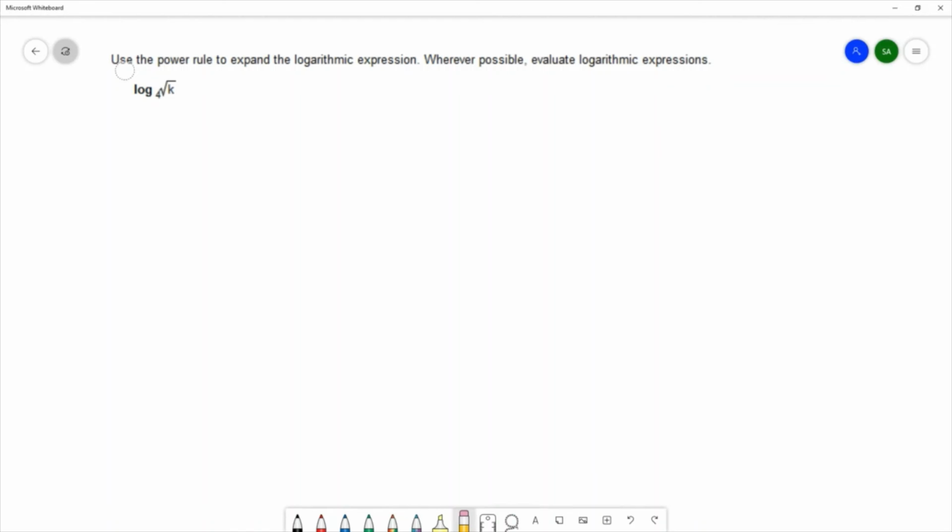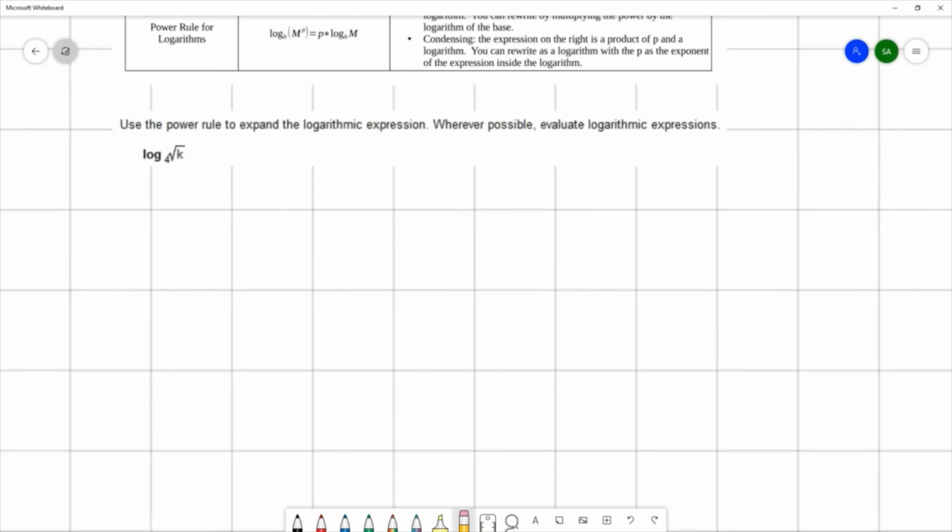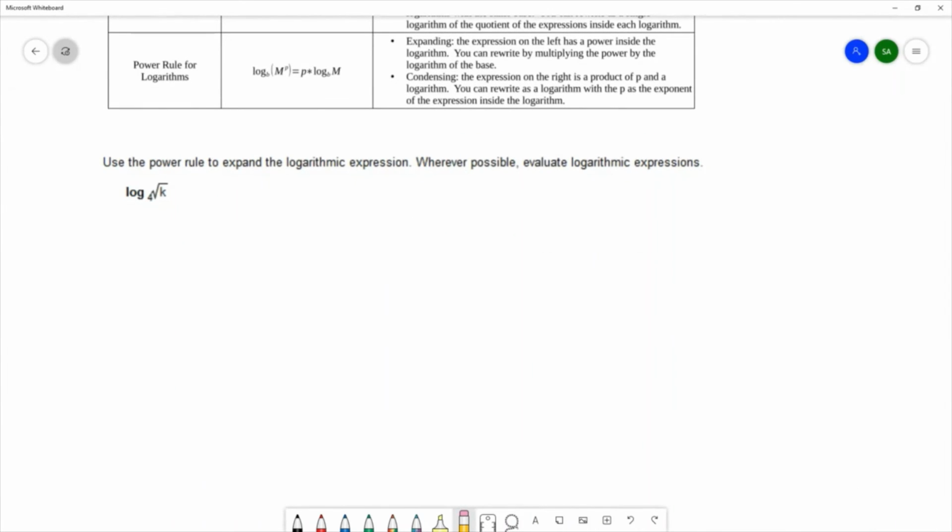On this question, we want to use the power rule to expand the logarithmic expression, and whenever possible, evaluate that logarithmic expression. The expression that we have is log base 4 of square root k. And let's take a reminder of what the power rule for logarithms is.